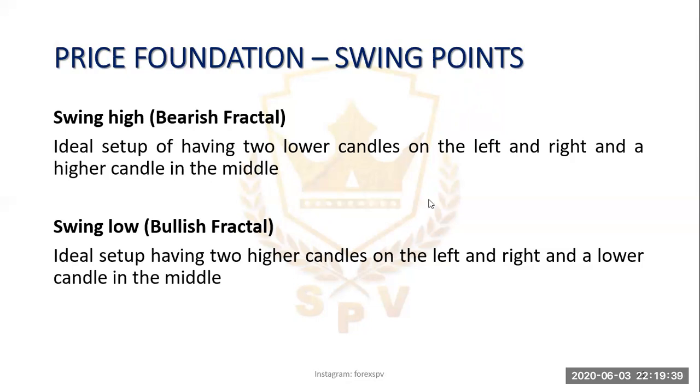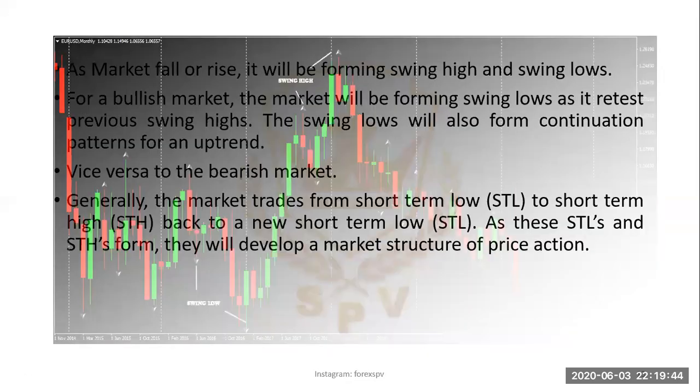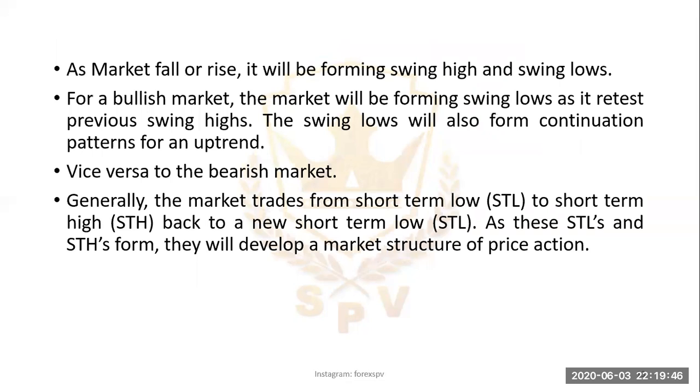So basically, when the market is trending, when the market is moving up, when the market is moving down, you find them forming the swing highs and swing lows. So for a bullish market, the market will be forming swing lows. So here is where it formed. Here we have a swing low.